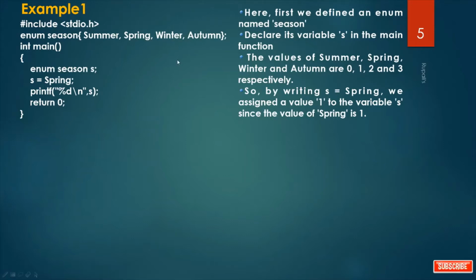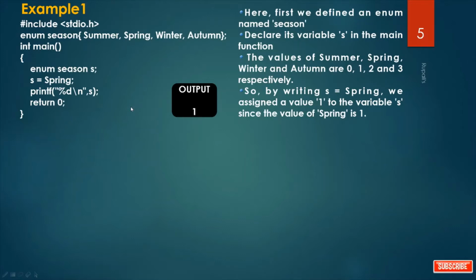We already learned this thing. So by writing s equal to spring, we assigned a value 1. See, it starts from 0, so spring is 1. We assign a value 1 to the variable s. Since the value of spring is 1, when I want to print the value of s, the value of s is 1. So the output is 1.